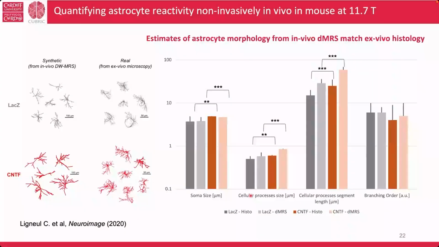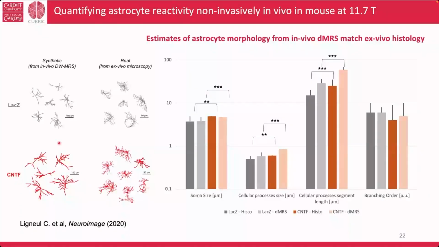Later on, Clémence Lignol adopted this approach to investigate how well we could characterize astrocytic reactivity in an animal model called CNTF, which induces massive astrocytic reactivity within the mouse brain.